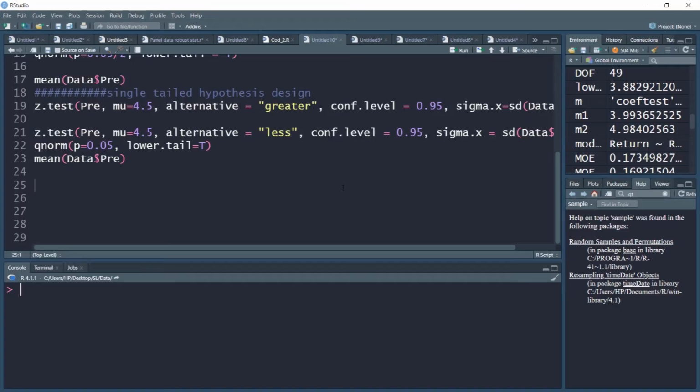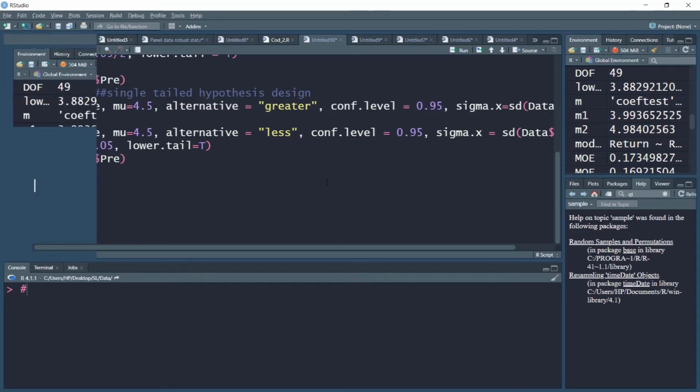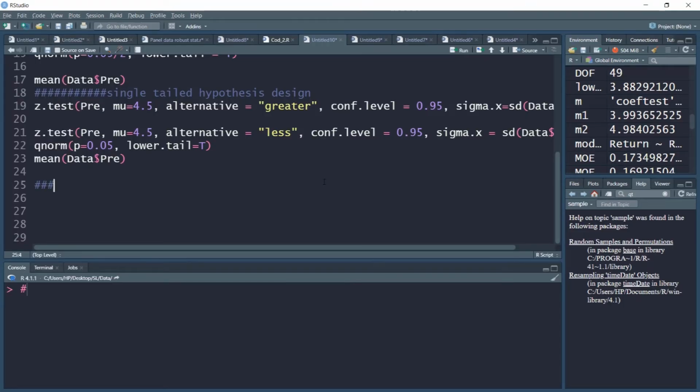In the previous video, we have understood how to conduct hypothesis testing using Z statistic when the assumption of normal distribution was valid, and we also knew the population standard deviation. In this video, we'll conduct the hypothesis testing with t statistic using students t distribution, and we'll assume that population variance is not known to us.